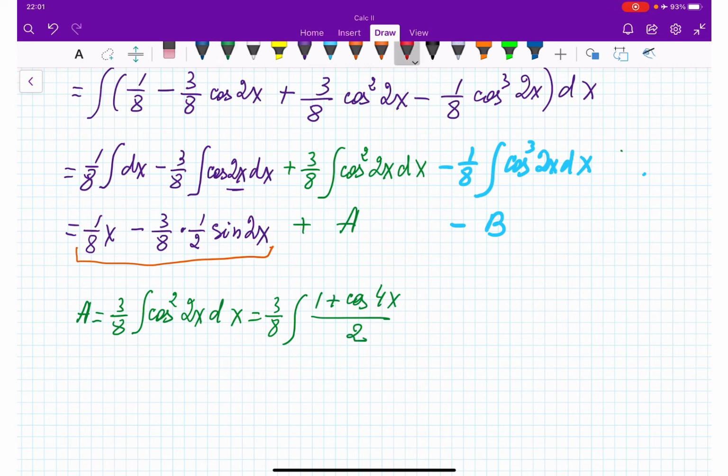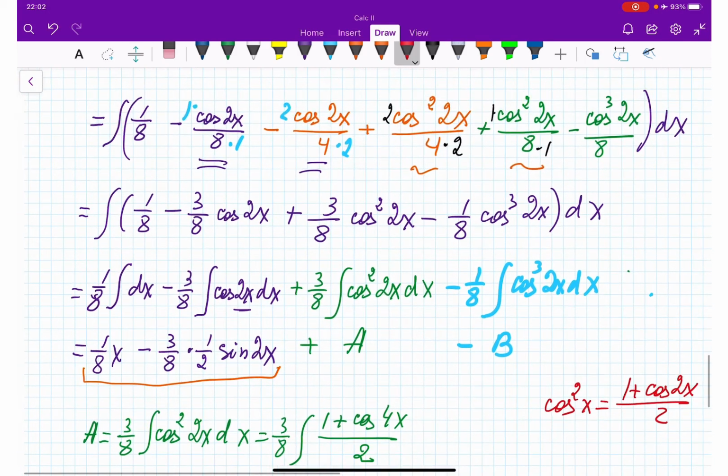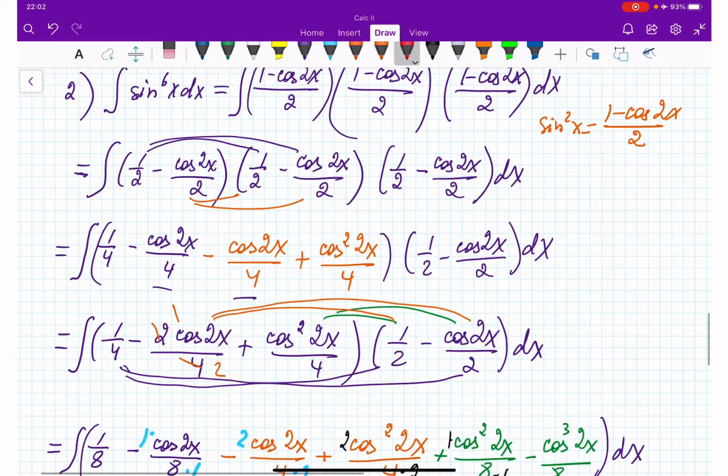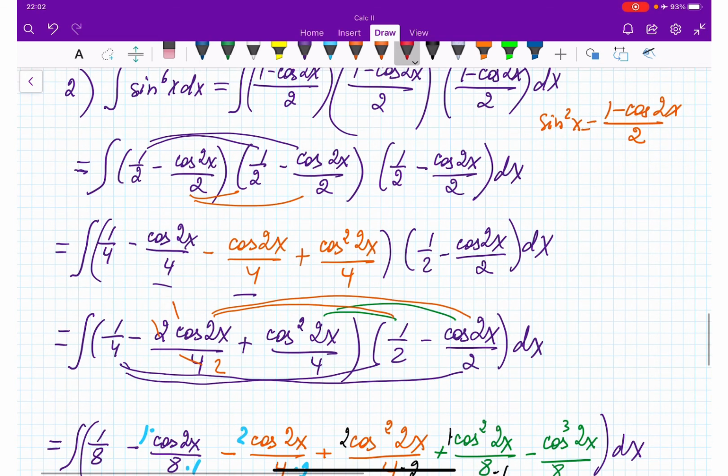Let me write down: cosine square x is equal to 1 plus cosine 2x over 2, while here we had, where is it, here it is, sine square x, 1 minus cosine 2x over 2, okay?